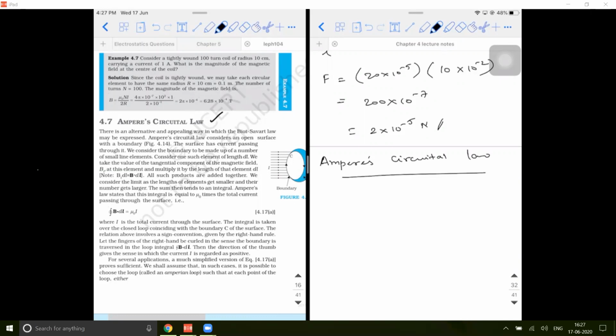If you look at the first chapter, you had Coulomb's law and Gauss law. We used Coulomb's law for point charges, whereas Gauss law was used when you had a symmetry. It is not like you cannot use Coulomb's law for complicated systems, but you need to use a lot of calculus. So to avoid that, Gauss law is used to simplify certain things.